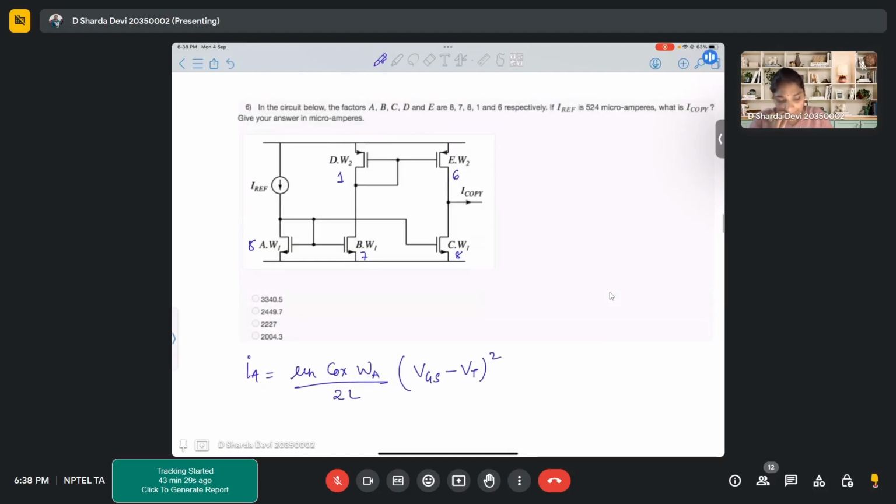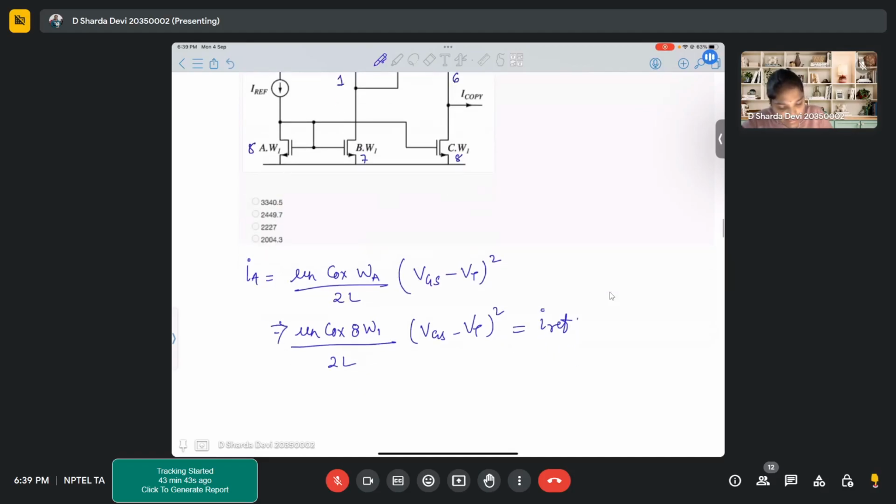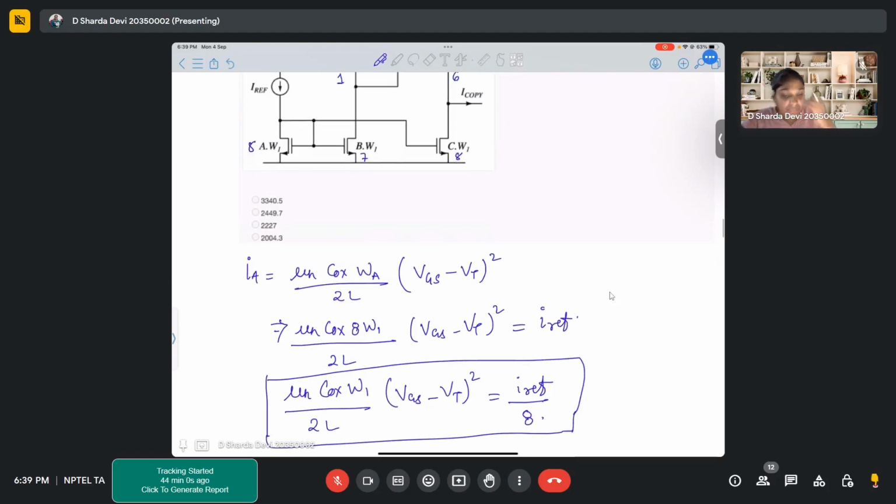So here we can write mu n Cox 8 times W1 by 2L (VGS minus VT) whole square is IREF, which converts to mu n Cox W1 by 2L (VGS minus VT) whole square is IREF by 8. Correct? Now, what else can be observed from this?